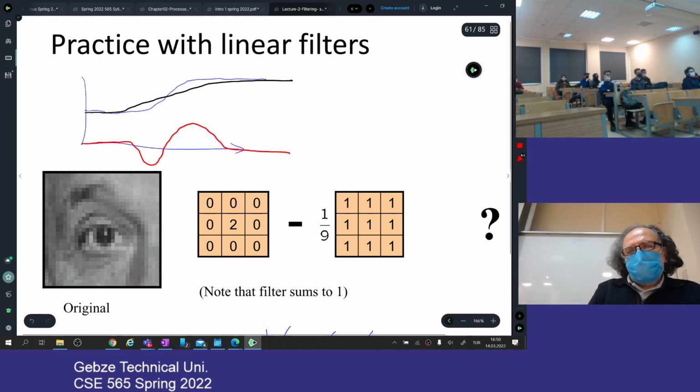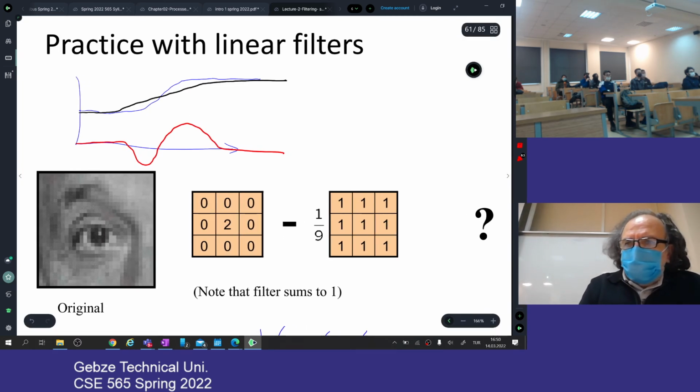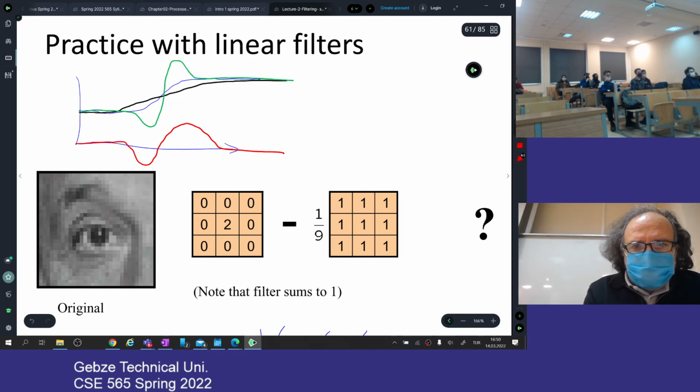Okay, around 0. If I do the subtraction of this red out of the original one, this will be the final result. It will be like this, and like that, and like this.